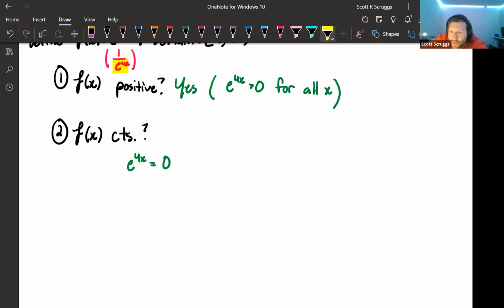Well, the only way for that to be discontinuous is if that's equal to 0. And here's my question before I do any work. Is it possible for an exponential function to equal 0?